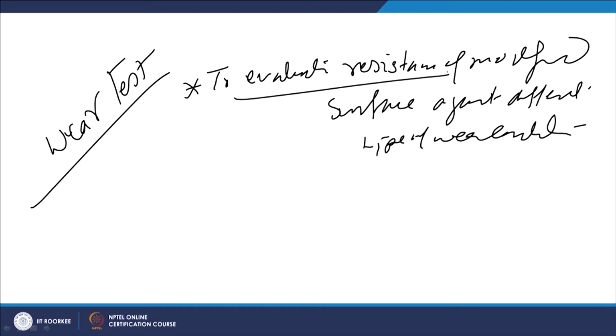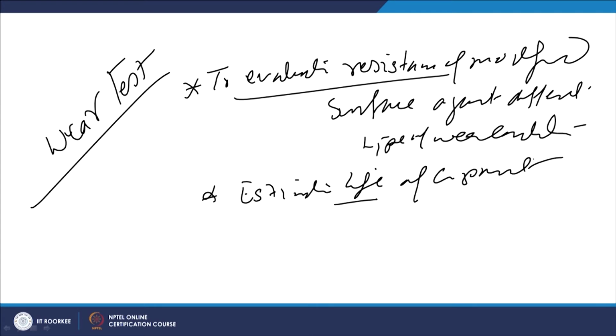So, that will also help us to estimate the tribological life of the component under the tribological conditions. And based on this we can take suitable decision whether the modified surfaces will be able to perform the intended function under the actual service conditions or not.